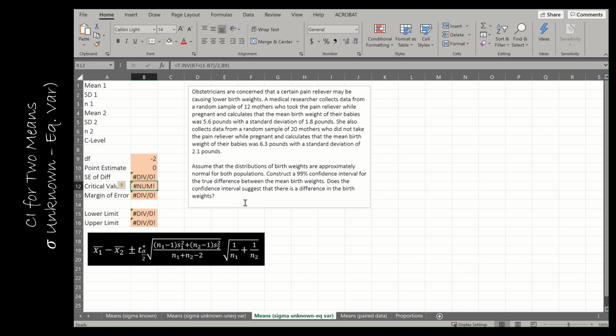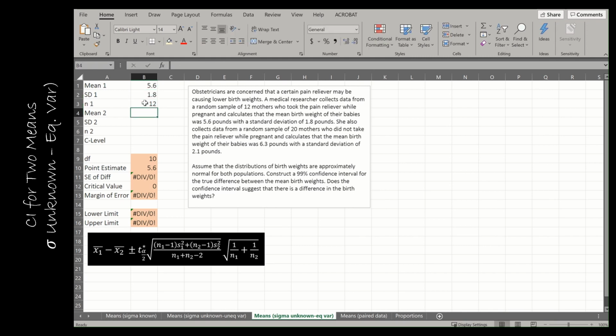So let's take a look at this question. The mean 1 says we have 12 mothers, so that's N1. N1 is 12. And those are the mothers who took the pain reliever, and it calculates the mean birth weight of their babies was 5.6, and the standard deviation is 1.8 pounds.